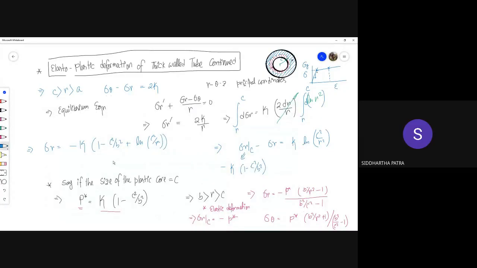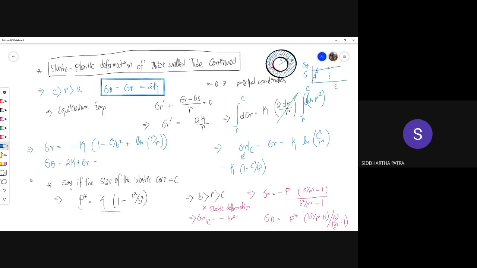Okay. Now, can you calculate sigma theta? How do you propose we calculate sigma theta? We would use this equation, and therefore sigma theta is twice k plus sigma r.